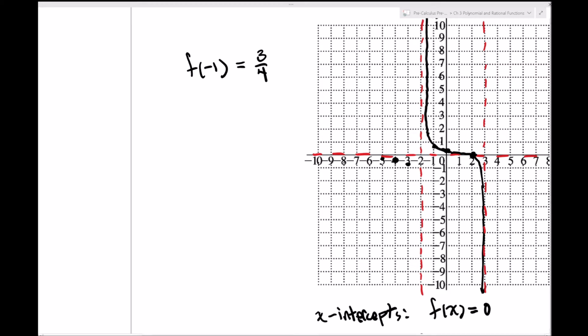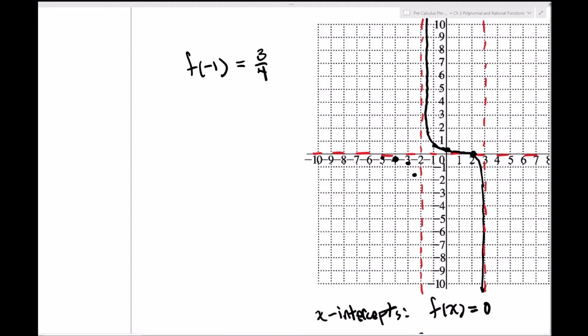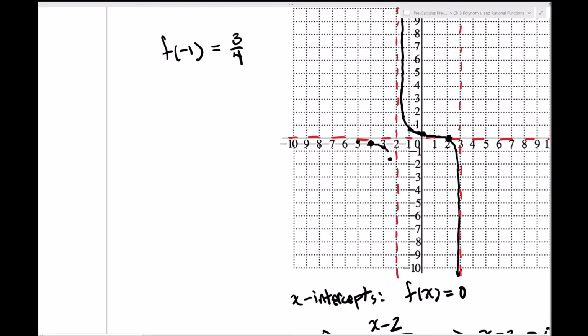And you kind of get the idea. If I get closer to -2, let's say -2.5, negative 1.636, so somewhere around here, and you kind of already see the curve that it's shaping out to be.